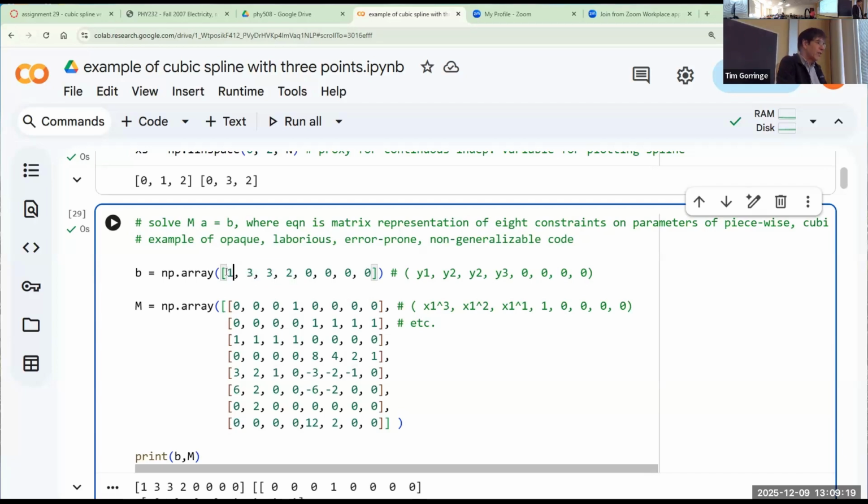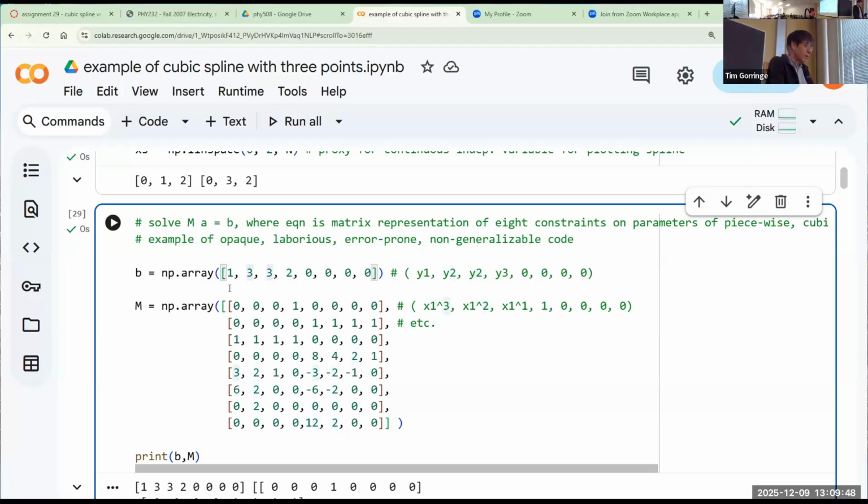The one here is from the first data point, so this is y1. The 3 here is from the second data point, but it appears twice because it provides 2 constraints, one on the left-hand and one on the right-hand spline. And this third one, y3, is just a constraint on the right-hand spline. Anyway, that's simple to build.